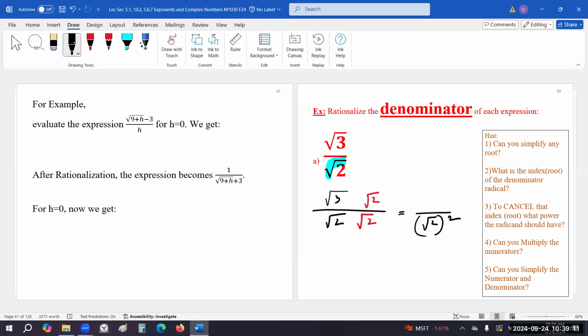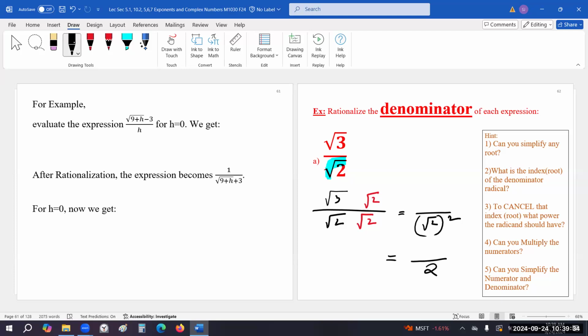So the process is whatever we have, multiply by how many we need. So we have a square root, which means we want the same thing twice. So we multiply by the square root of 2 again. As a result, the square root and the square power cancel out. So we have a denominator without any radical.